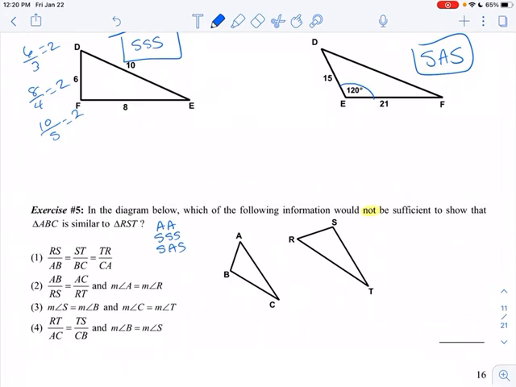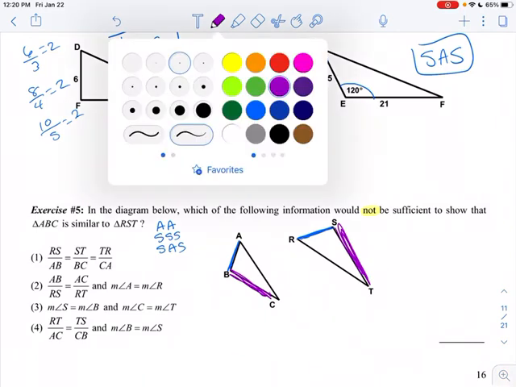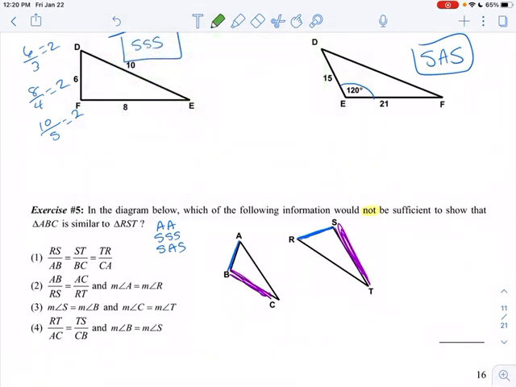RS over AB, and then it says ST over BC, and then it says TR over CA. Well, that sounds perfect. They're just telling me that all three sides are in proportion. So that's side-side-side.